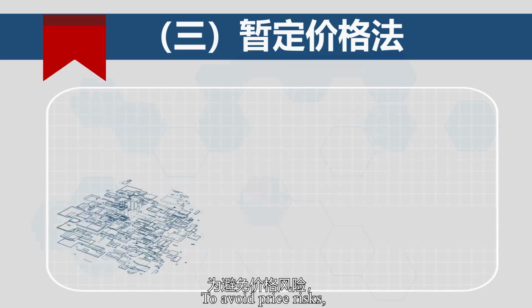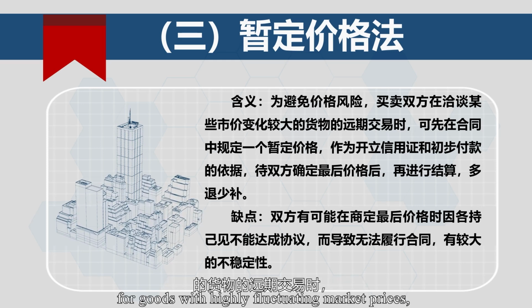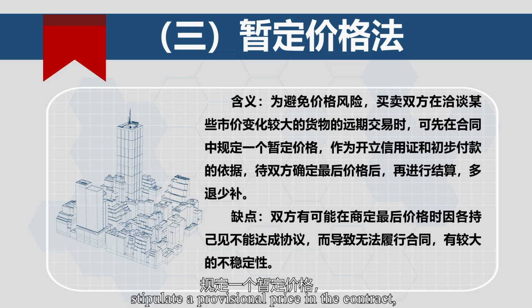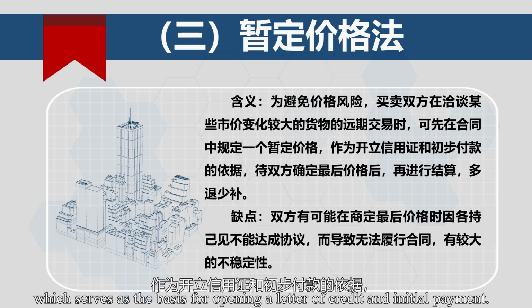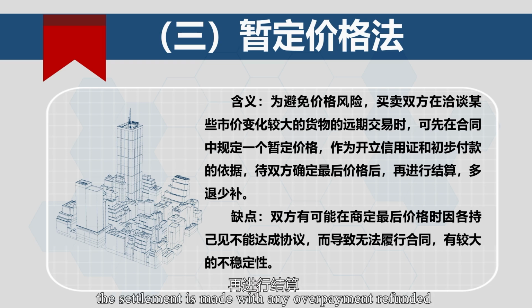To avoid price risks, when negotiating forward transactions for goods with highly fluctuating market prices, the buyer and the seller may first stipulate a provisional price in the contract, which serves as the basis for opening a letter of credit and initial payment. After the final price is determined by both parties, the settlement is made with any overpayment refunded and any underpayment supplemented.